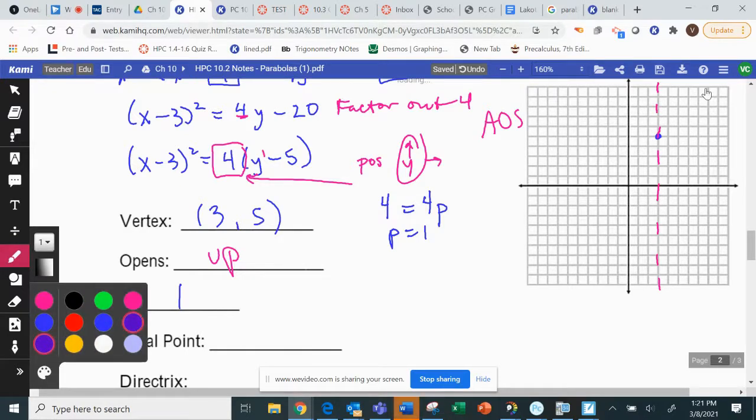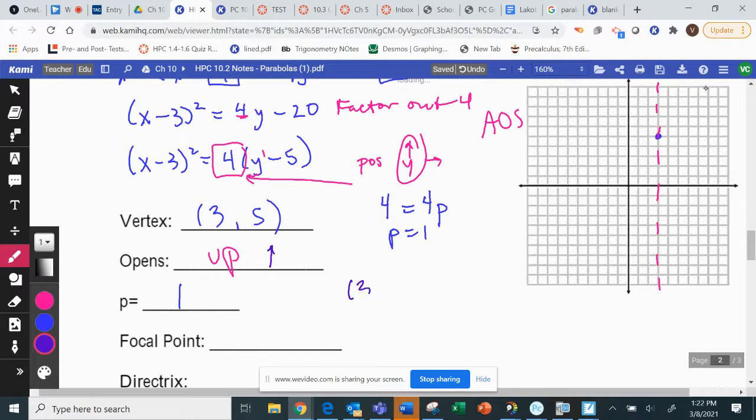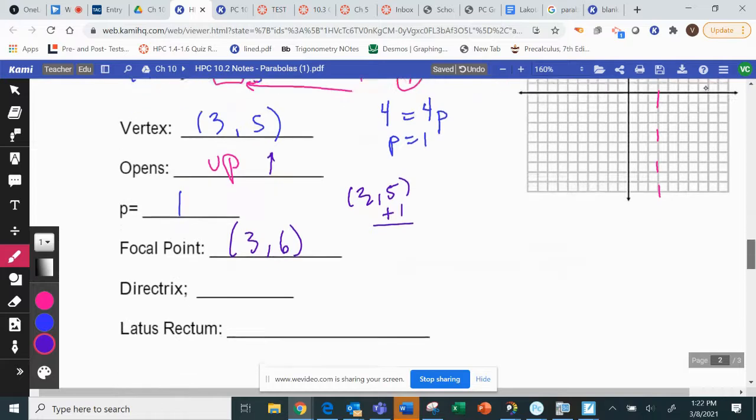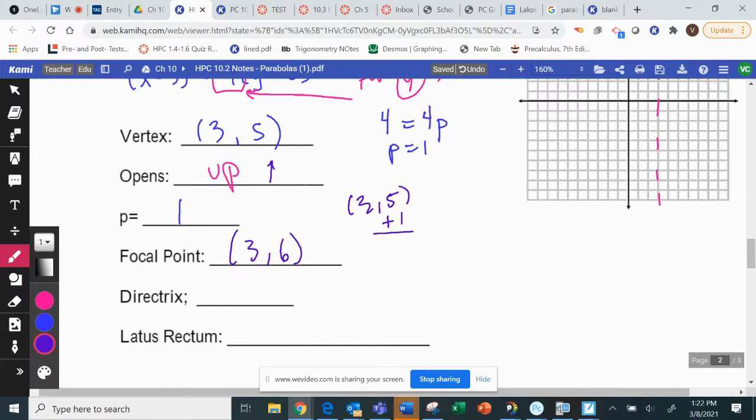Okay, the focal point, because it is opening up, is going to change on the y values. So I'm starting at my vertex (3, 5), and I'm going to use my p-value to add to the y value. So we'll have (3, 6). Visually, I can go over to the graph and go 1 up and find that ordered pair. The directrix is from (3, 5).